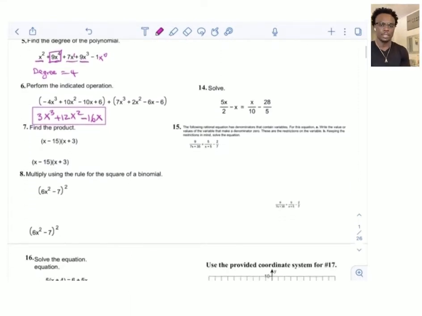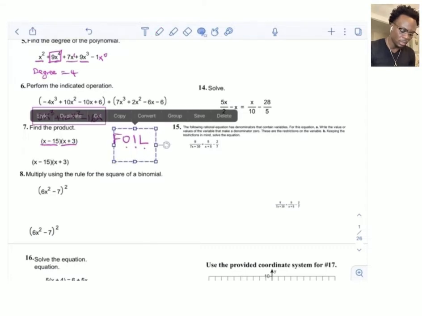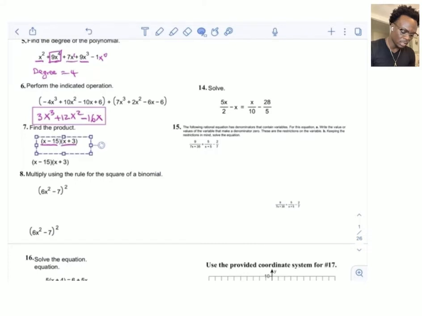What about number 7? Number 7, we have the product of two binomials. Two binomials, you need to use FOIL. FOIL: the first terms, first, outer, inner, and last. So multiply x times x, because these are the two first terms. x and x give me x squared. Multiply the outer terms, so x and 3, that's plus 3x.